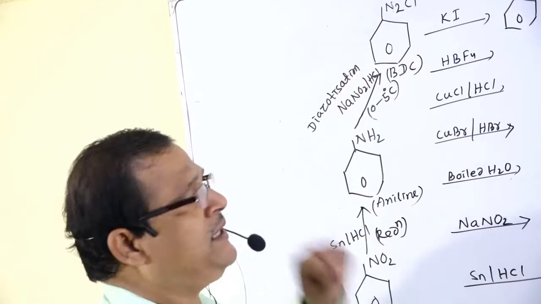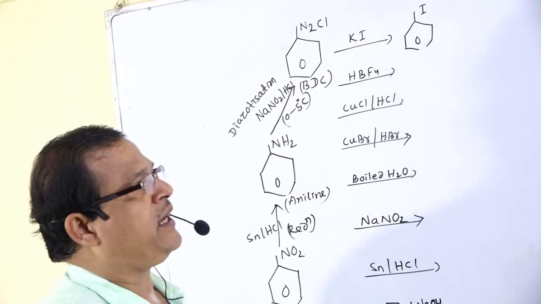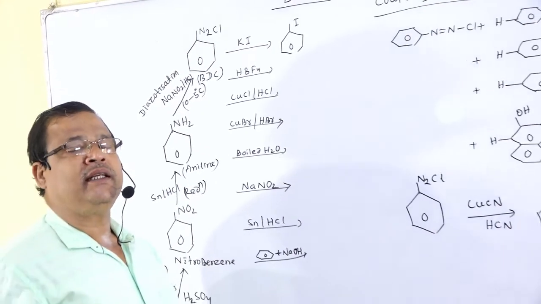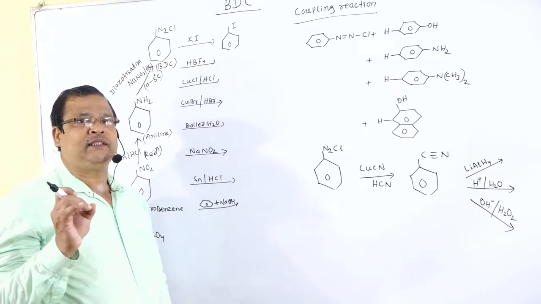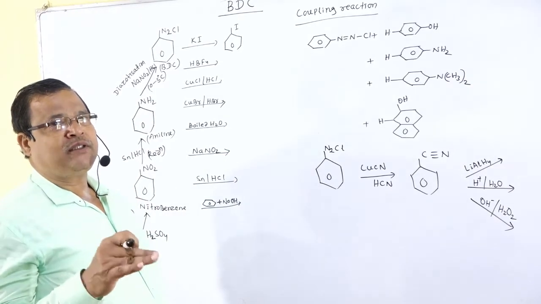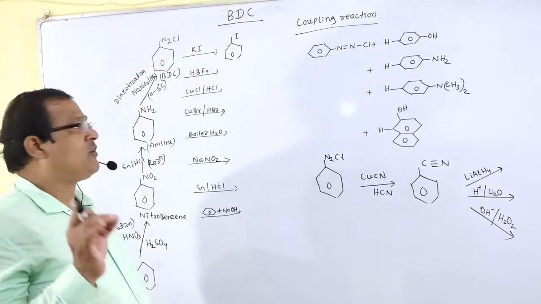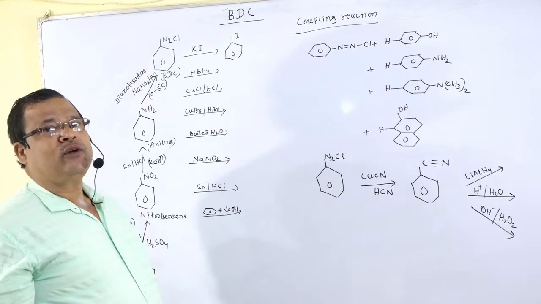From this benzene diazonium chloride, we can obtain so many aromatic compounds which have synthetic uses. Therefore, this is treated as the synthetic uses of BDC, that is also its chemical properties, because that compound is very important for the synthesis of so many aromatic compounds.